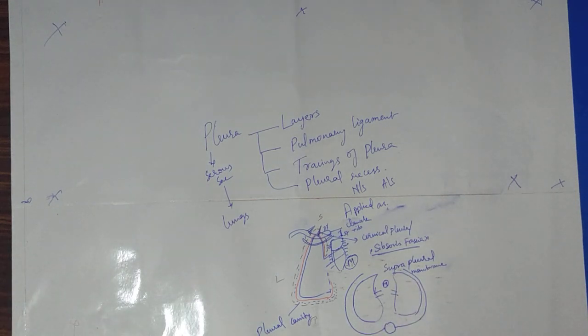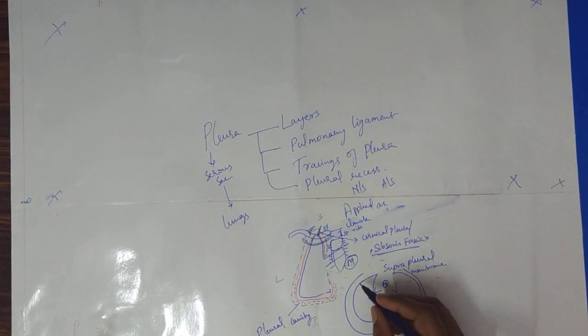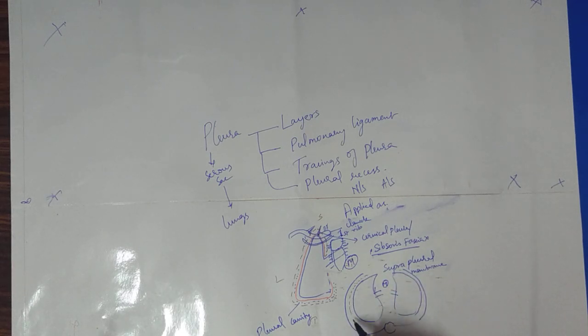Lining the thoracic cavity, this part is the costal pleura. What is related with the costal pleura outside?